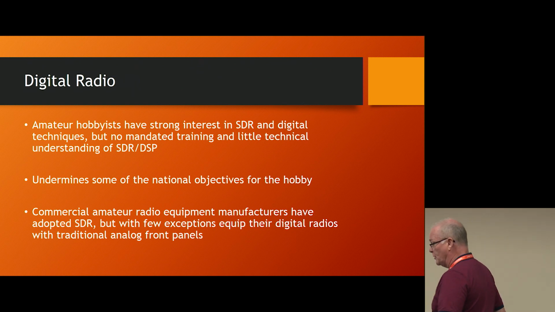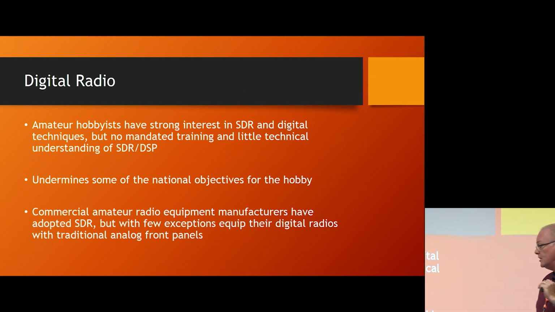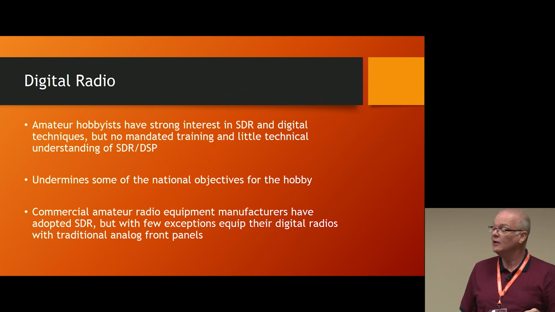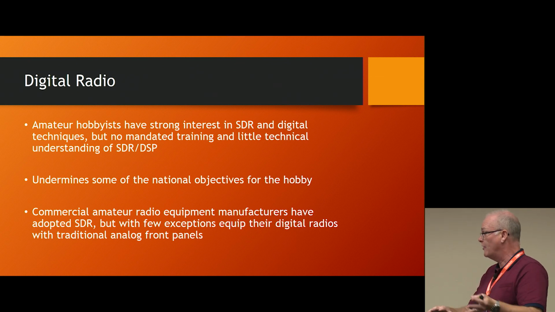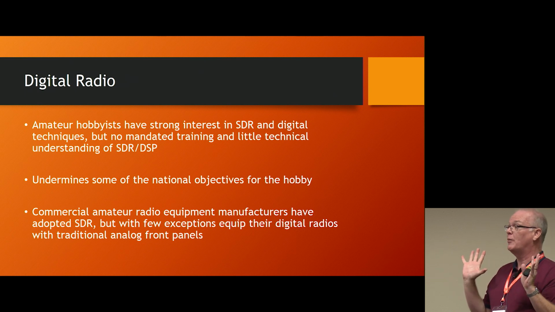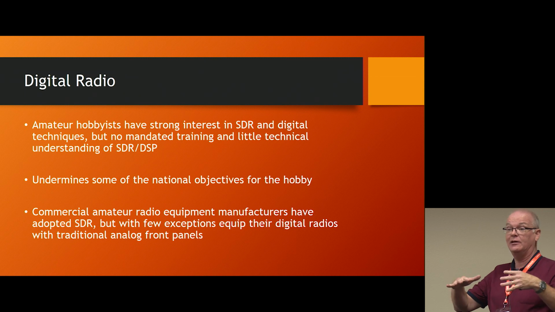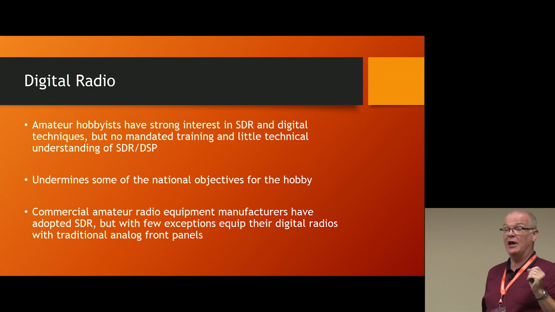Interestingly, amateur radio equipment, and there are specialized manufacturers of amateur radio gear, has moved forward with digital radio and SDR, with very few exceptions. Everything's digital, everything's SDR behind the scenes, but they put knobs and dials and switches on it, because the users are used to that analog front panel.